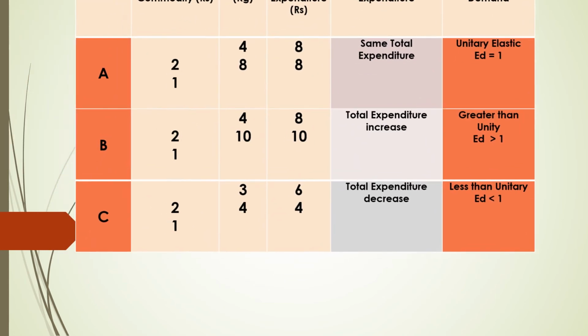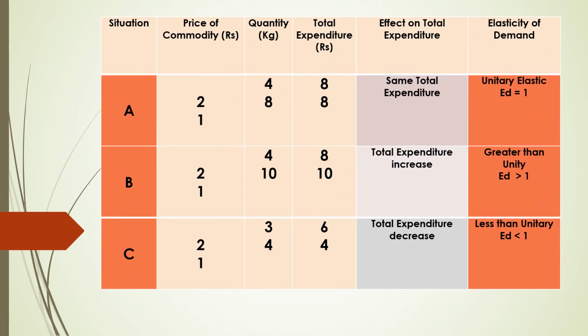Next, with this table, it's very easy for you to remember the total expenditure method. I took situations A, B, C. You have only three kinds of situation in the total expenditure method. Price of the commodity 2, 1, 1. Quantity of the commodity 4, 10 and 3, I took.